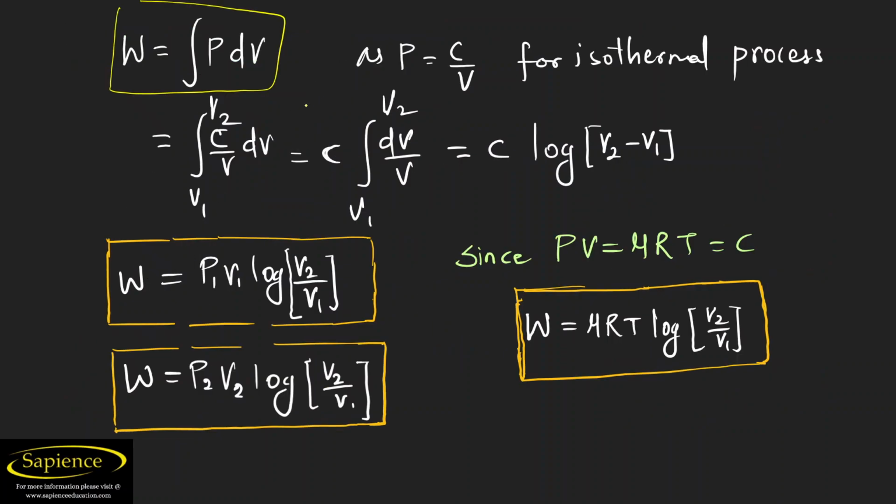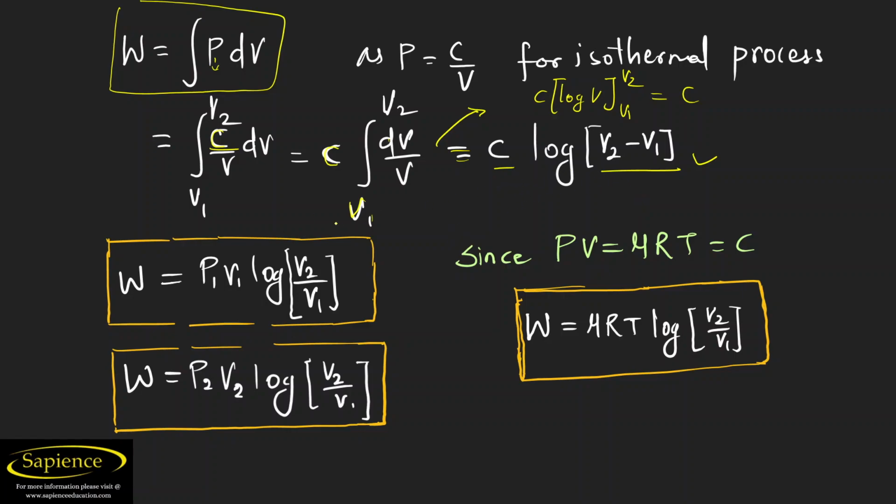So in place of pressure, I have written constant divided by volume. The constant term will come out, so it will be the integral of dV by V from V1 to V2. Finally, the integral of dV by V is log V. I have skipped this step. So this will be C into log V, with the volume changing from V1 to V2. Finally, you will get C into log V2 minus log V1.